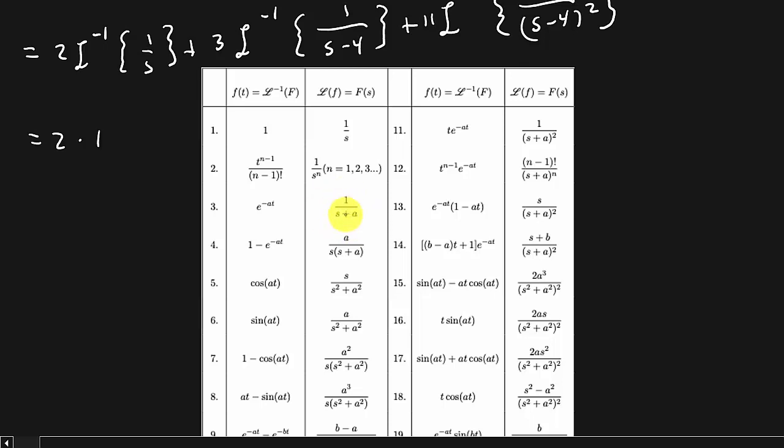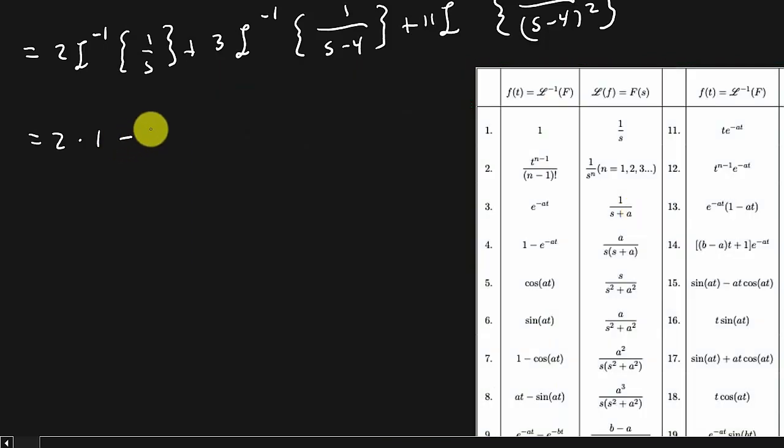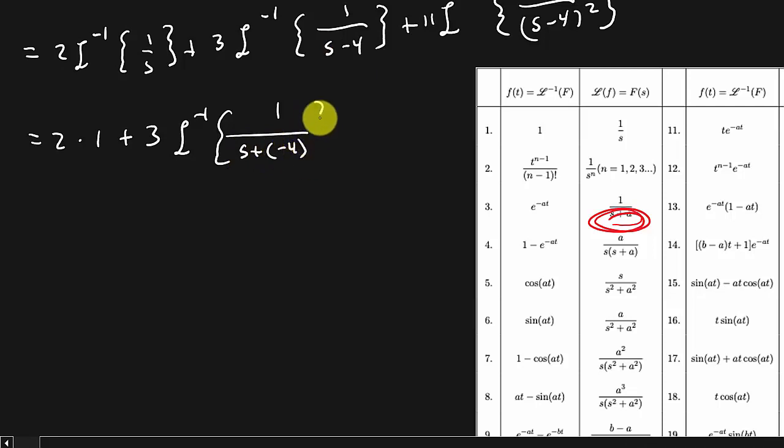So we need to do another step and write this as plus 3 times the inverse Laplace of 1 over... Now remember, the table has s plus a, but here I've got s minus a. So I've got to turn that into plus: s plus negative 4. So we'll do another step and take the inverse Laplace of that.